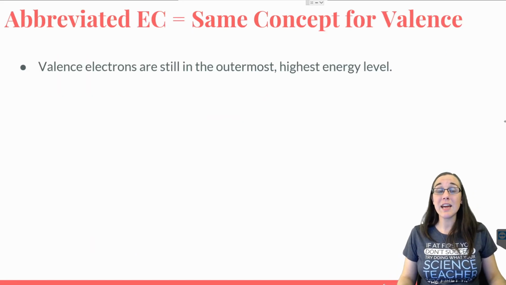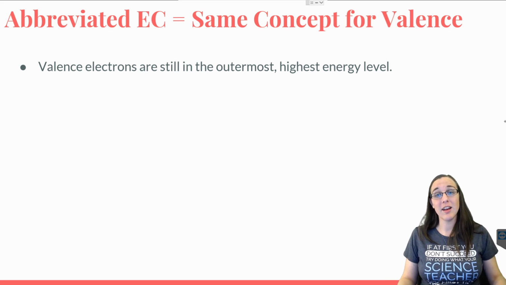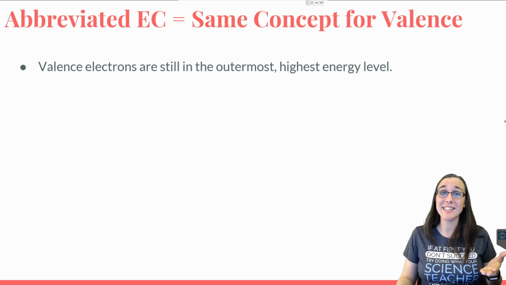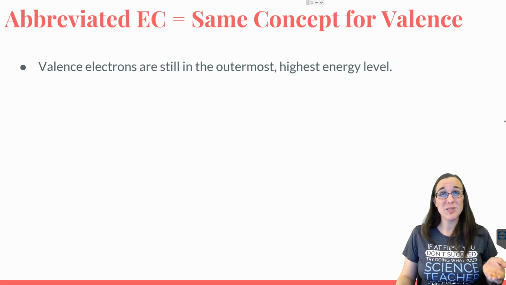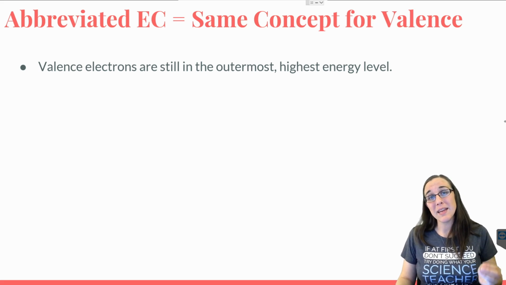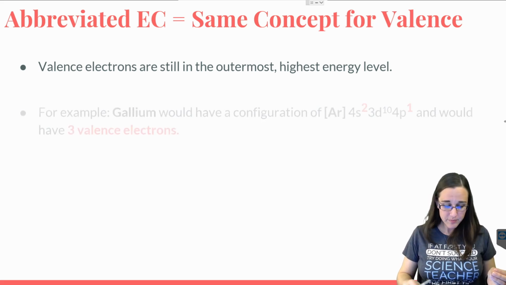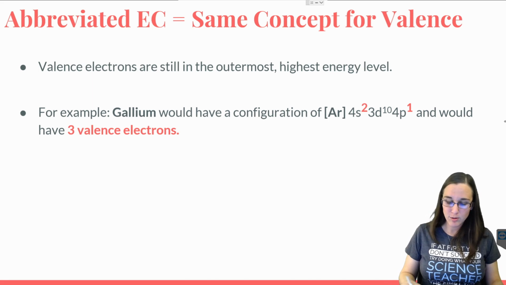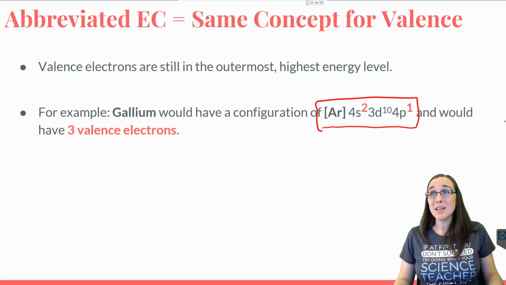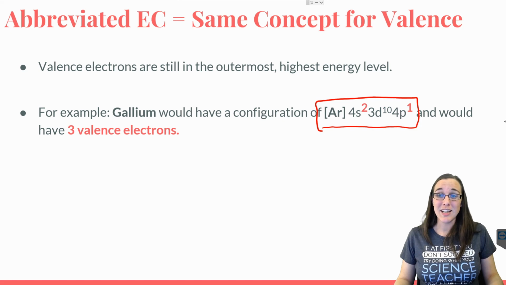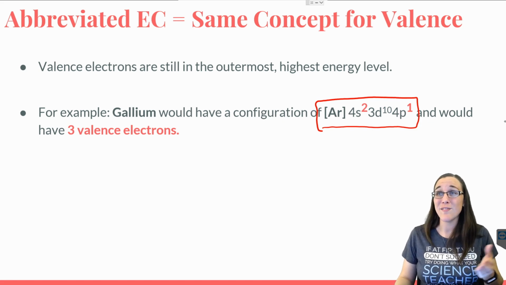When we're using the abbreviated electron configuration, this can look a little scarier just because we're throwing in shapes like the D shape and the F shape. So don't get confused when you see those. We're going by the biggest number. For example, if we're looking at gallium, whose electron configuration is right here, that's the abbreviated electron configuration, and you can see that if we're trying to find the valence, we need to look for the biggest number.